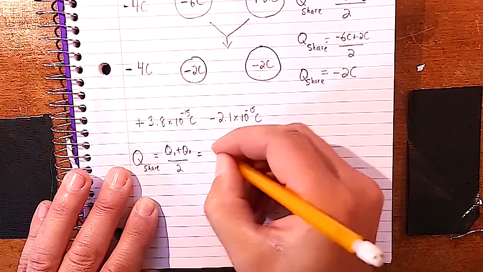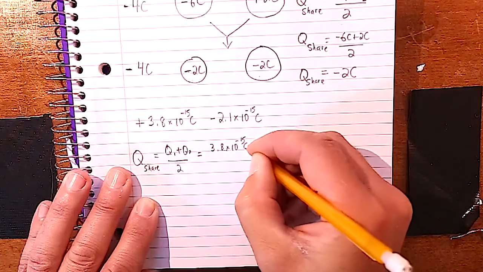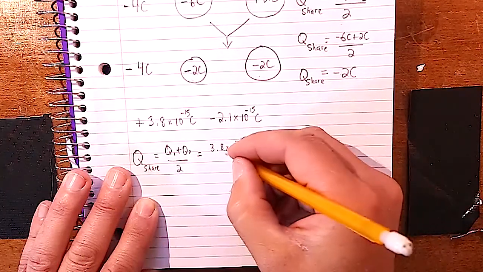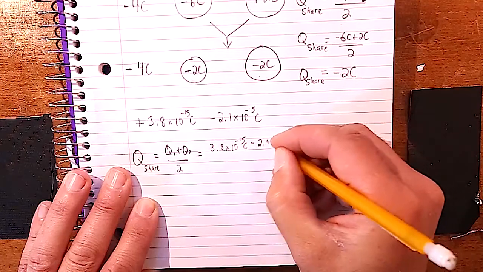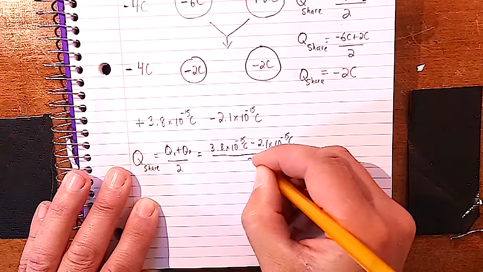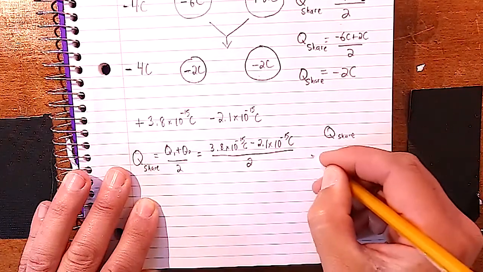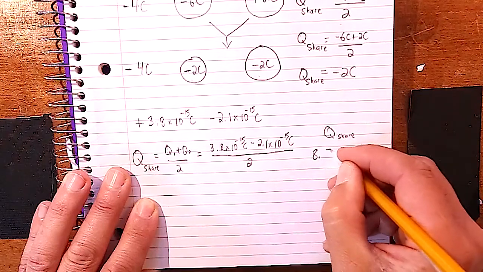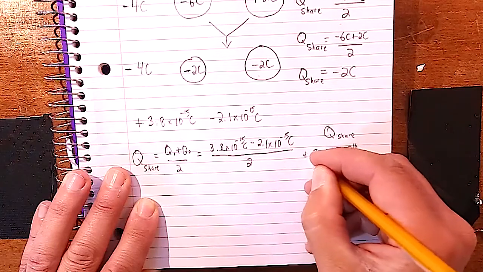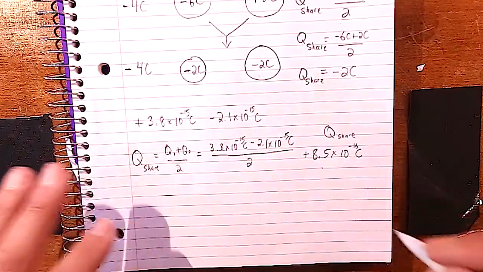In other words, 3.8 times 10 to the -15th coulombs minus, because we're adding a negative, 2.1 times 10 to the -15th coulombs, all divided by 2, and that gives us a Q share of 8.5 times 10 to the -16th. That came out positive, so it's a positive charge, and that's the charge on each sphere.